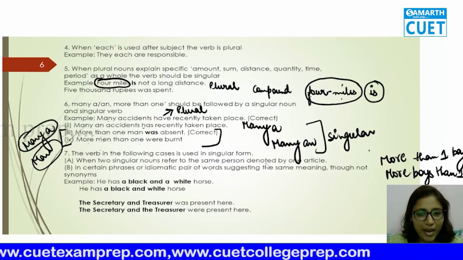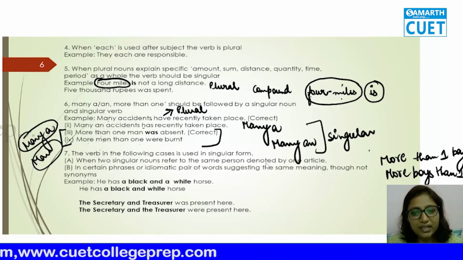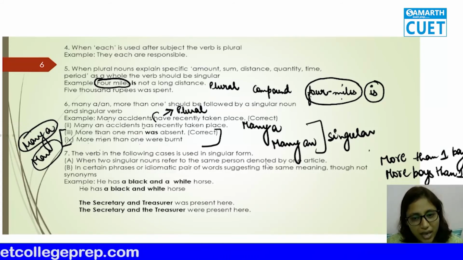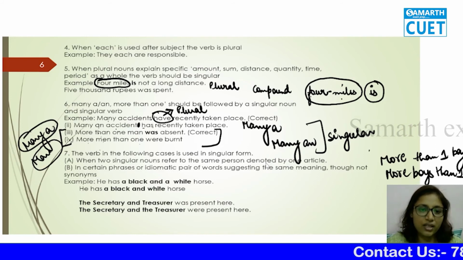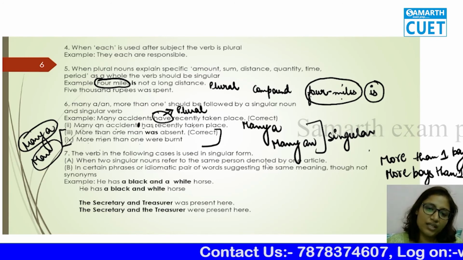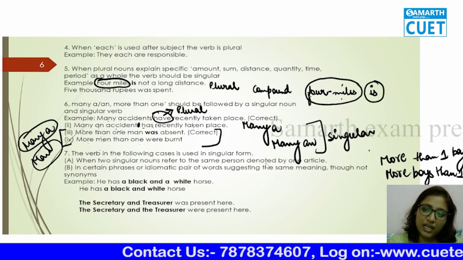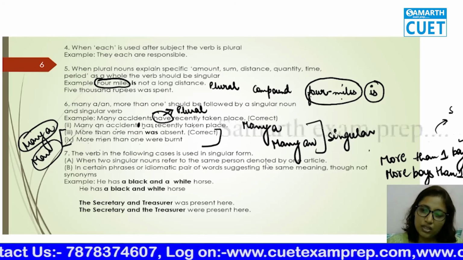Similarly, many accidents have taken place. So have is for plural. Many an accident has taken place. We are not going to use accidents. Many an accident has recently taken place. Singular, then there also singular.